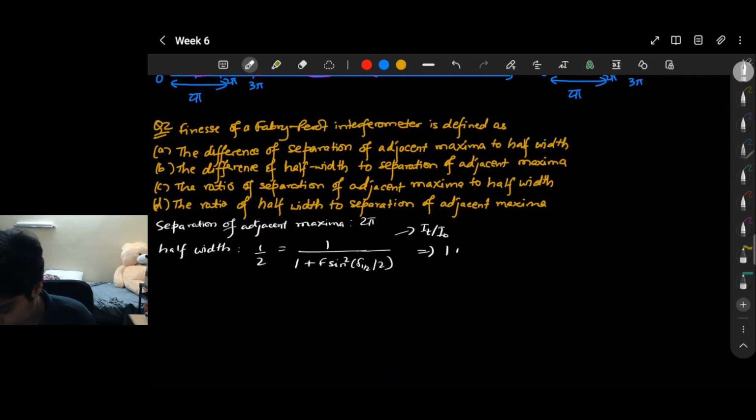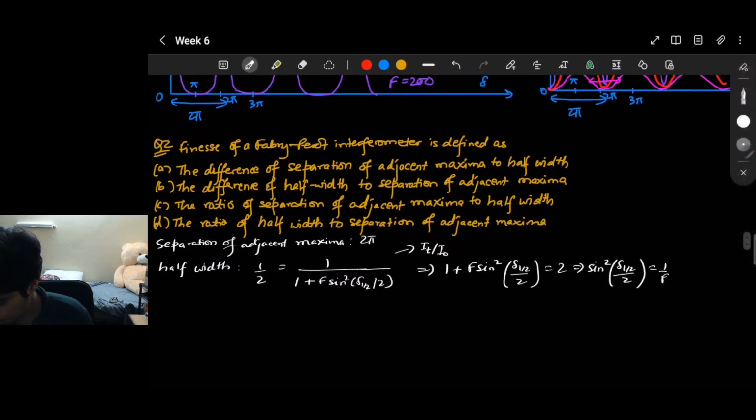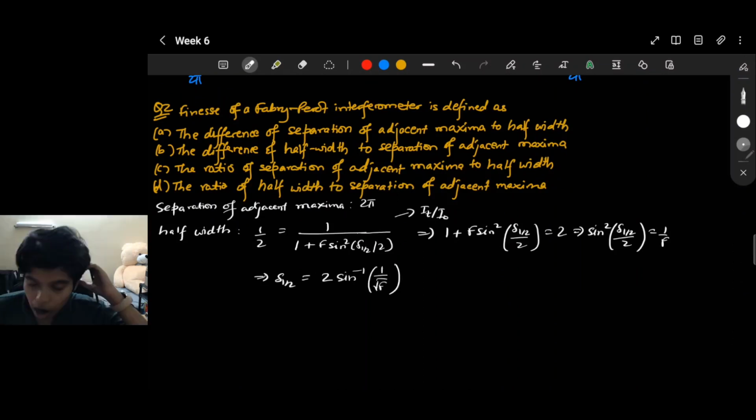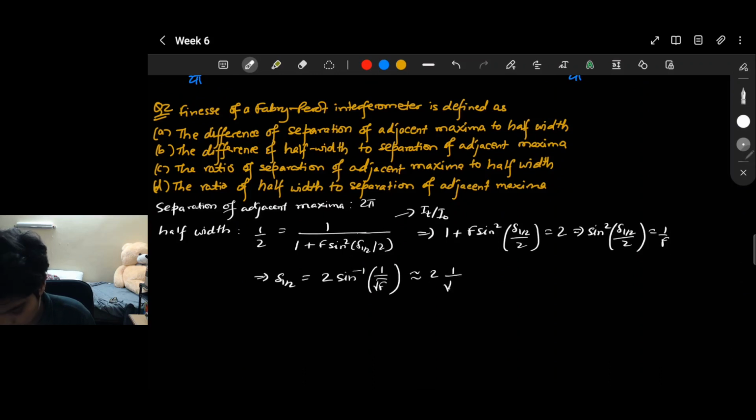So this gives me, if I simplify, delta half is 2 sine inverse 1 over square root f, and for large values of f this is small, and for small numbers this is approximately equal to 2 over root f.